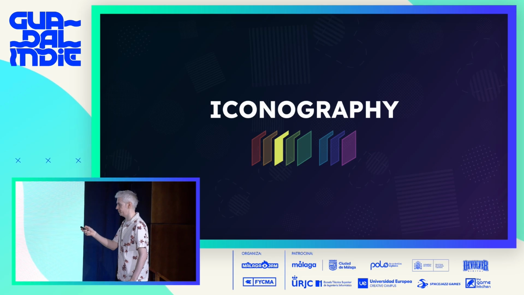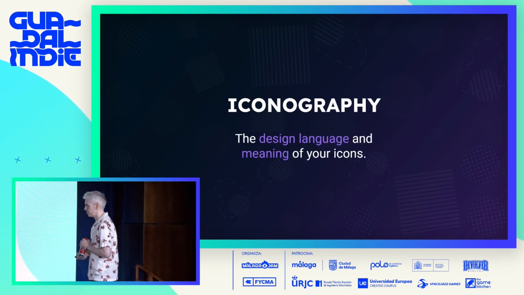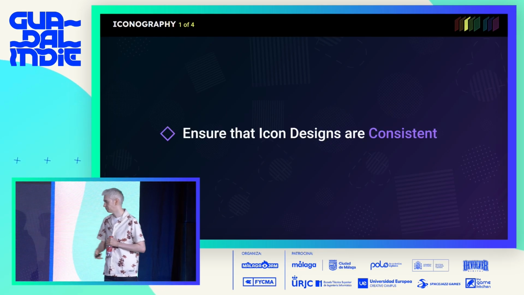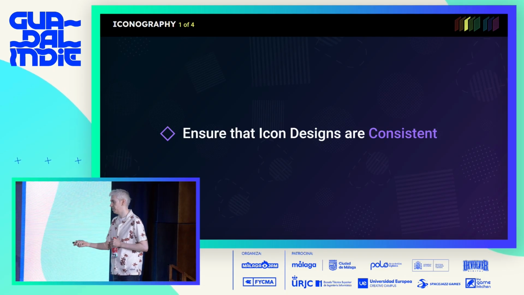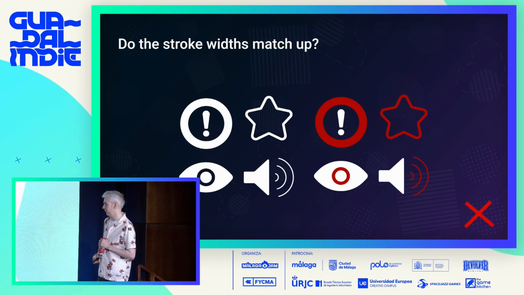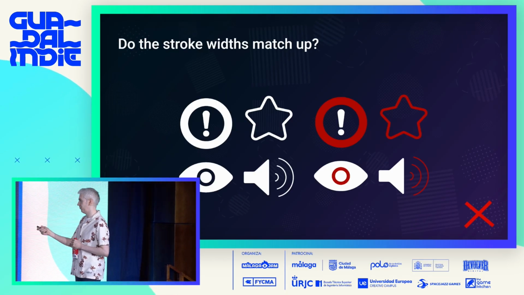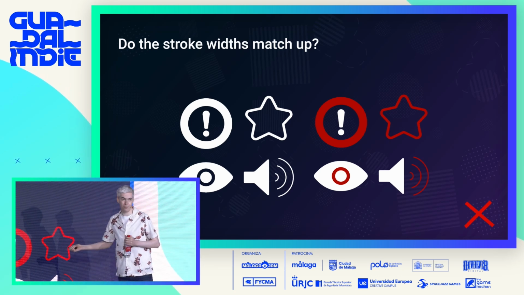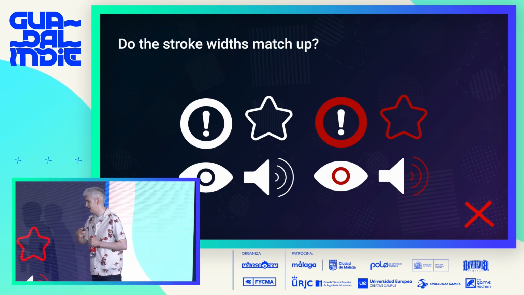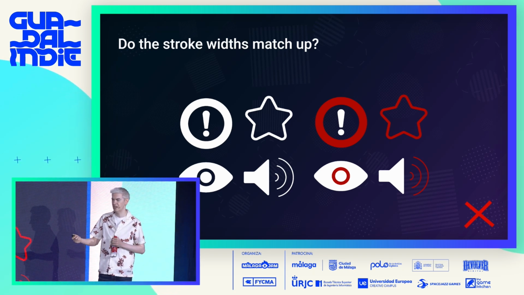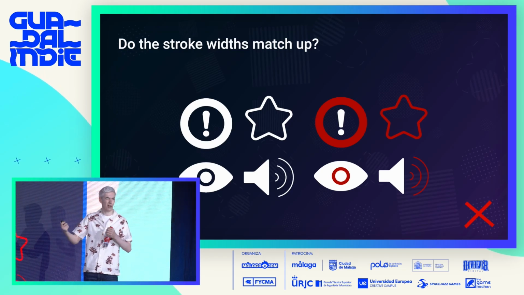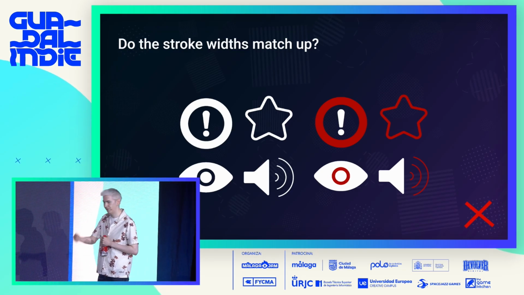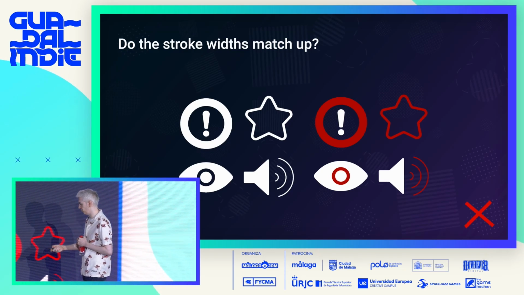Third principle, iconography. This is the design language and the meaning of your icons. So first of all, ensure that your icon designs are consistent. Do the stroke widths match up? This is a really simple one to look at. It's really hard to get that consistency, but a really easy way of getting it is just to look at the stroke widths.